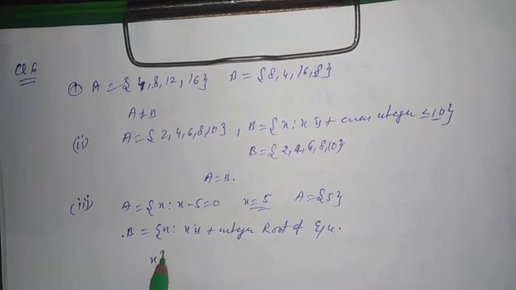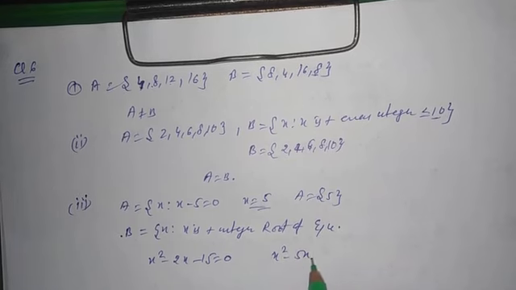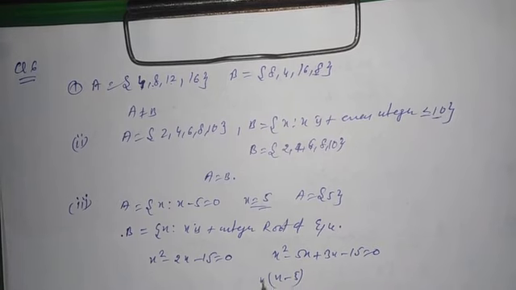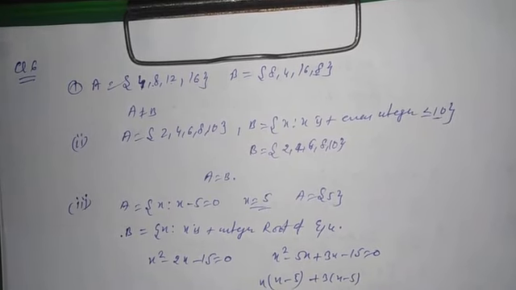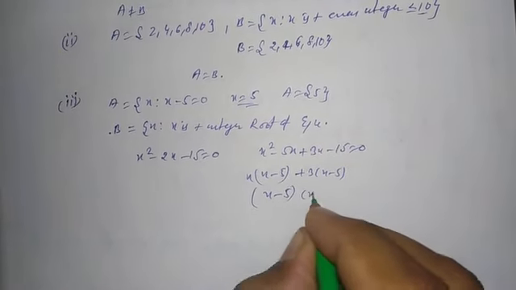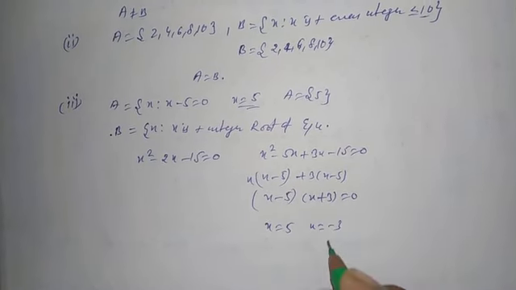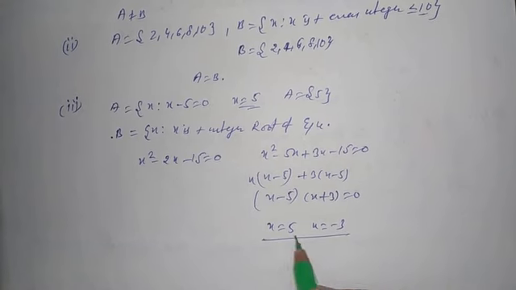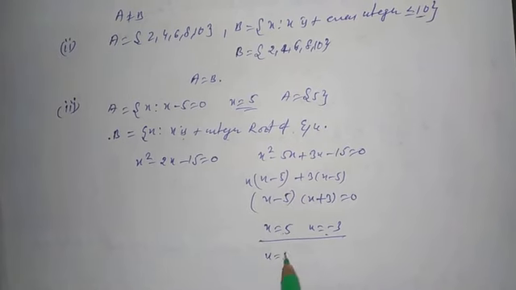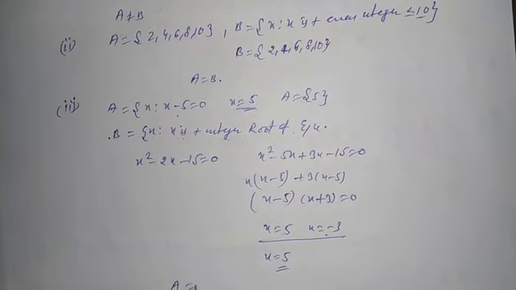When we solve this, x square minus 2x minus 15 is equal to 0. x square minus 5x plus 3x minus 15 is equal to 0. x minus 5 into x plus 3 is equal to 0. x minus 5 and x plus 3 is equal to 0. x is equal to 5, x is equal to minus 3. The set contains two elements but we need the positive integer, so x is equal to 5 and set first contains element 5. So A is equal to B.